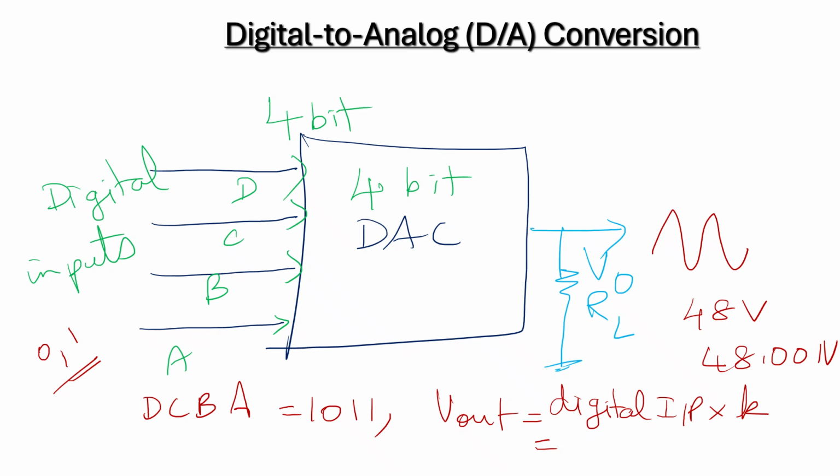The equivalent of 1011 is 11 in decimal. 11 times 0.5 is 5.5 volts.